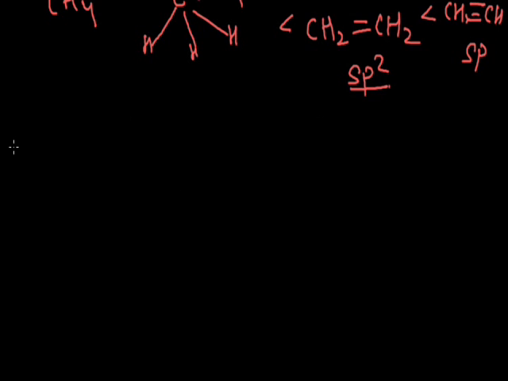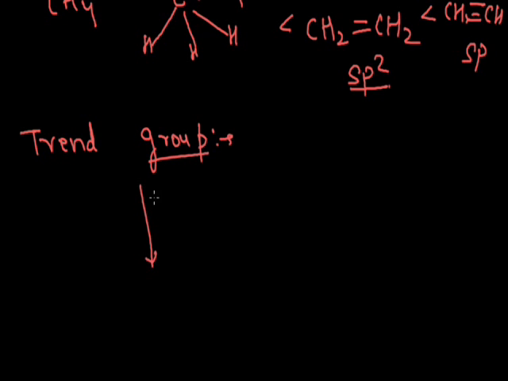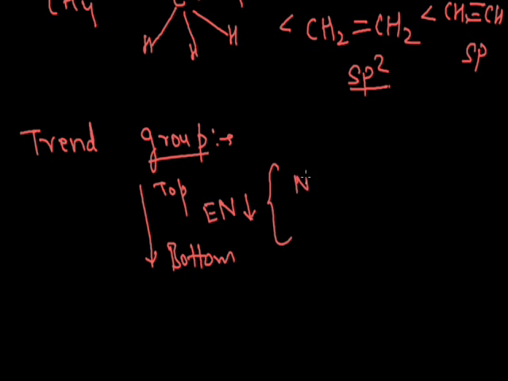Next we'll see the trend in the periodic table. First we'll consider it in a group. In a group, on going down the group from top to bottom, EN tends to decrease. The reason being, nuclear charge increases, but the electrons are added in new shells.